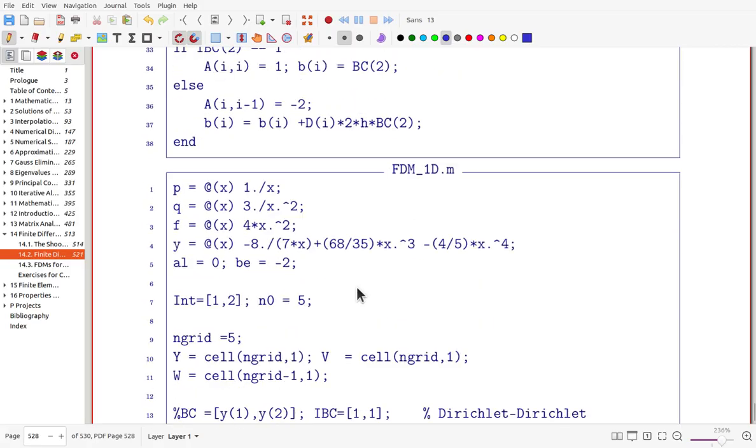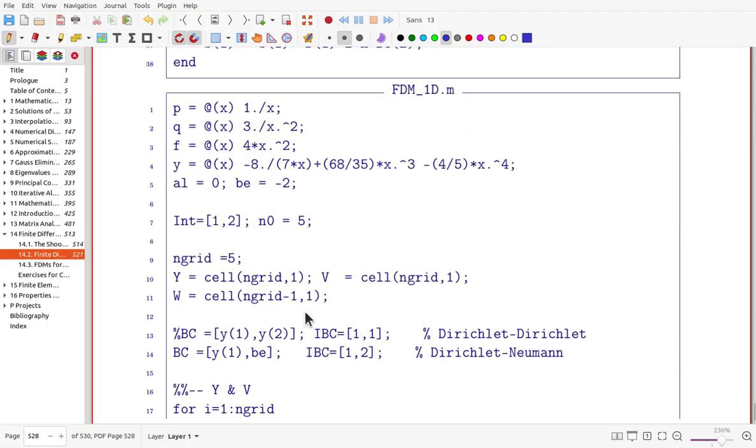Now this is the main program. We define P, Q, R, and Y. This is the exact solution. And now the beginning point value, and this is at the right endpoint, the derivative value. The interval is from 1 to 2, and the number of intervals is 5. With that, Y and V are stored in a cell, and we try to choose 5 degrees.